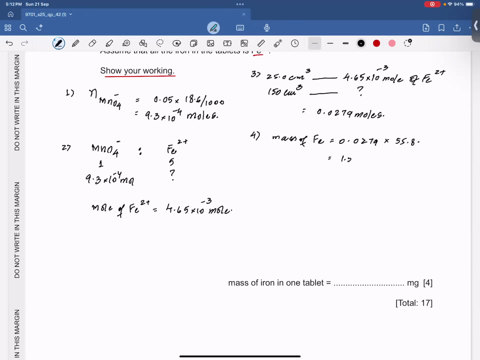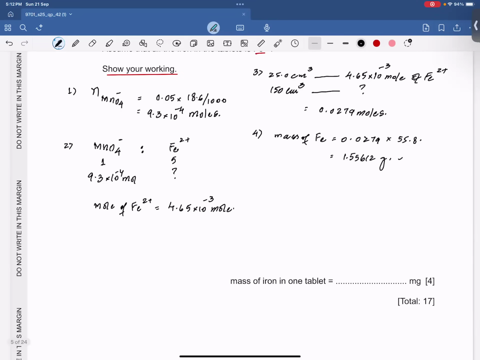So I'll get 1.55612 grams, and this 1.55612 grams is for 2 tablets. So let me get the mass of iron per tablet.